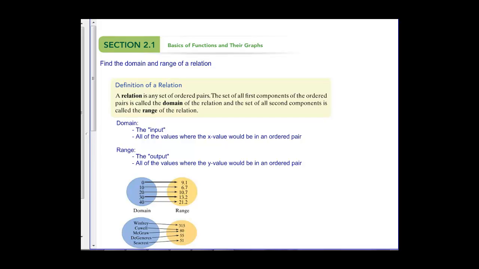That's typically the variable that you pick, so you can figure out your y, your output. Again, your domain is your input, or your x's, or where the x value would be in an ordered pair, and the range is your output, or where the y value would be in your ordered pairs.